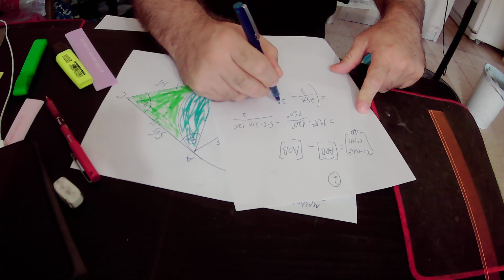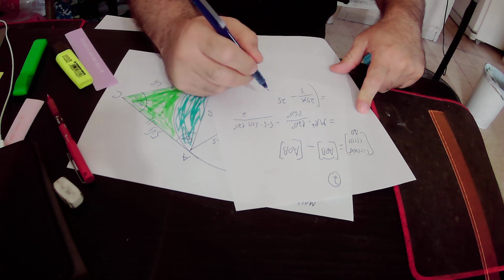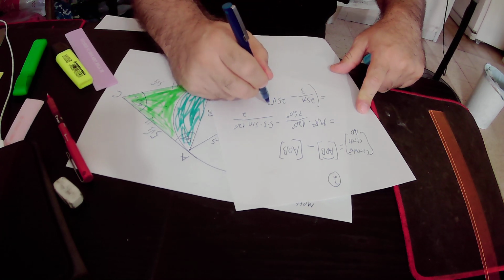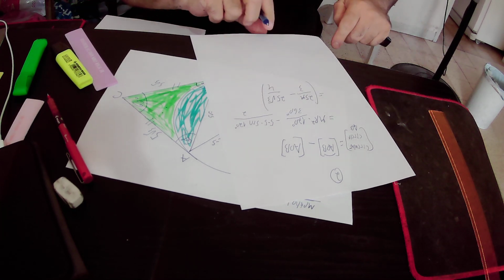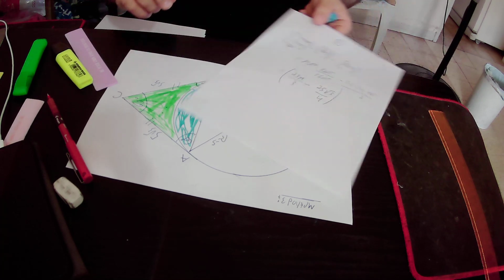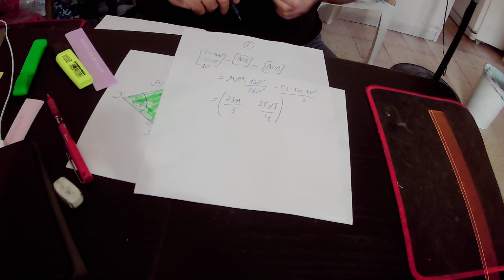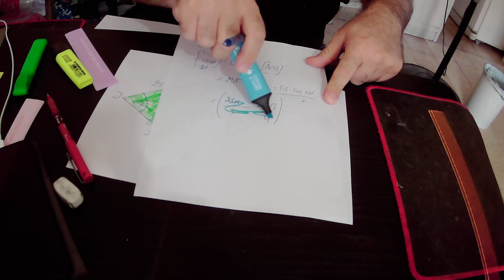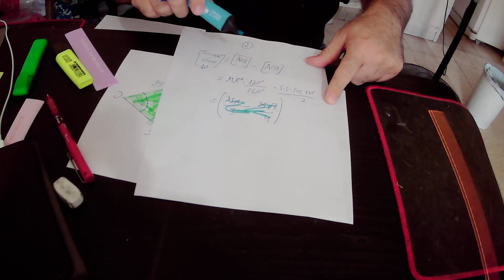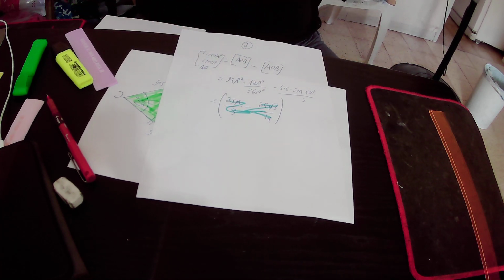So it will be 25 times root 3 over 4. Okay? So we found out that the area of circular segment AB equals 25 pi over 3 minus 25 times root 3 over 4.